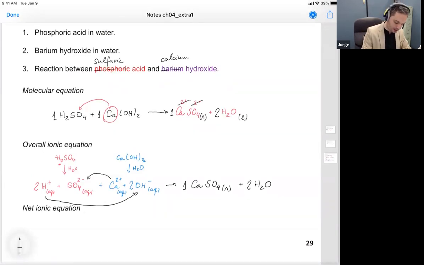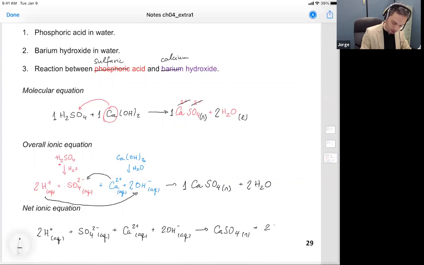Therefore, the net ionic equation is going to be exactly the same as the overall ionic equation. Okay, so we just repeat everything because nothing changes. And that gives you the net ionic equation.